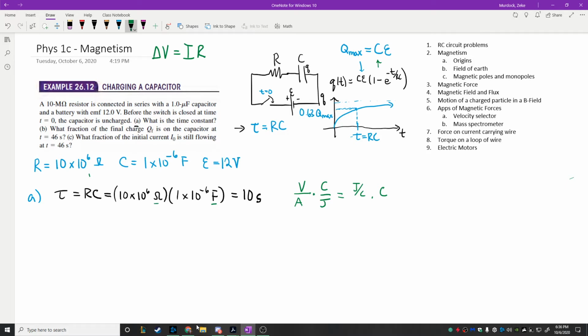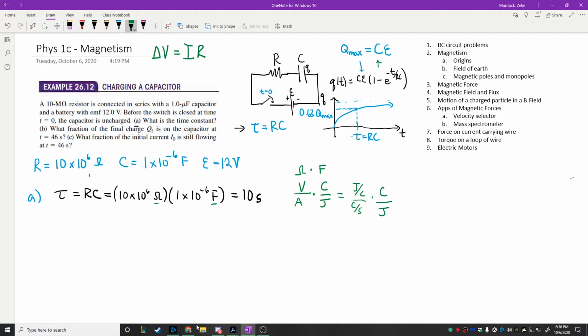Okay. Volts is joule per coulomb. Amp is a coulomb per second. Something's wrong here. So this is the ohm. We're multiplying by the farad.